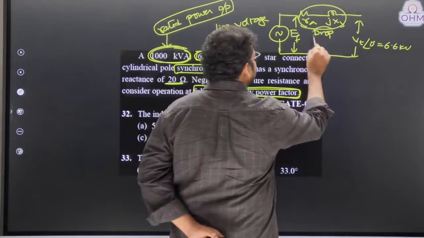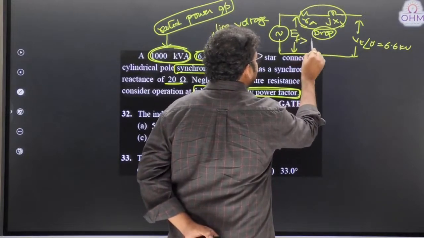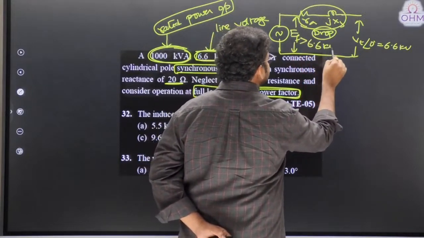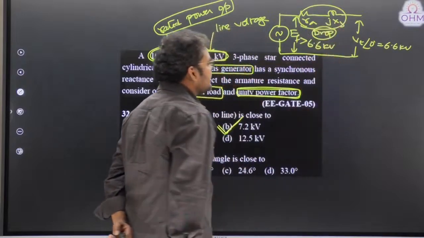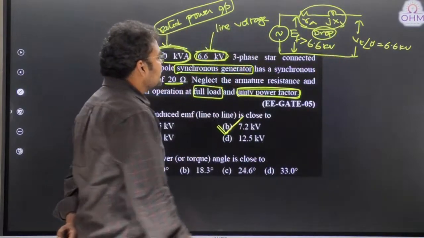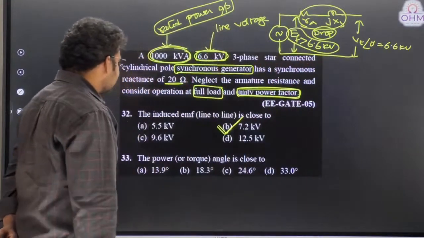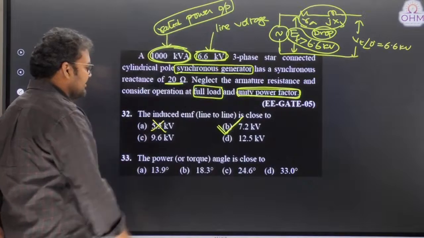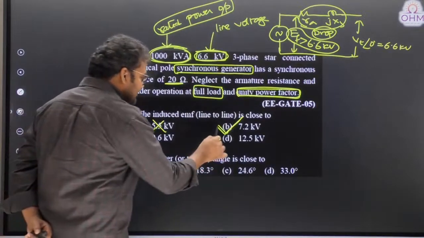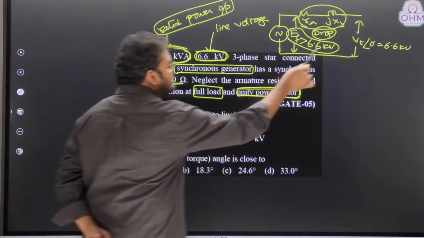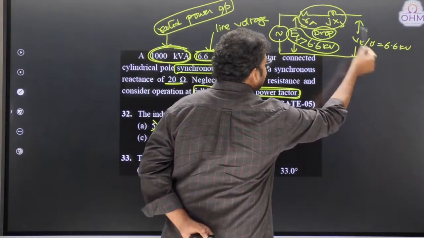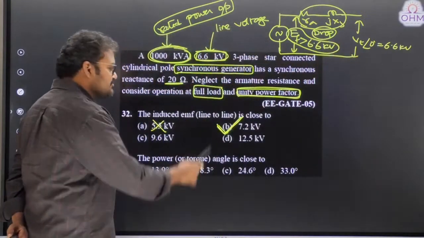If this is a drop, can I say EF should be more than 6.6 kV? Then only KVL equation will satisfy. So the answer is induced EMF more than 6.6 kV. More than 6.6 kV means 5.5 kV is ruled out and 7.2 is the nearest value more than 6.6 kV. That is one way.